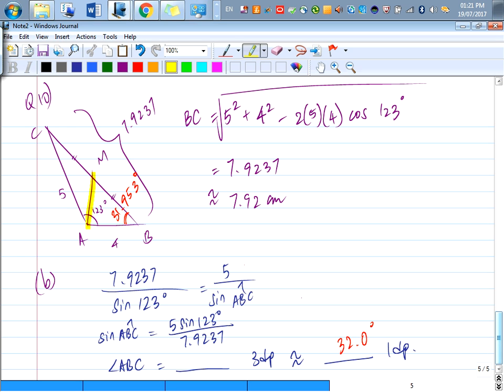AM, the highlighted part. Okay, if you're not sure, you can just suggest first.